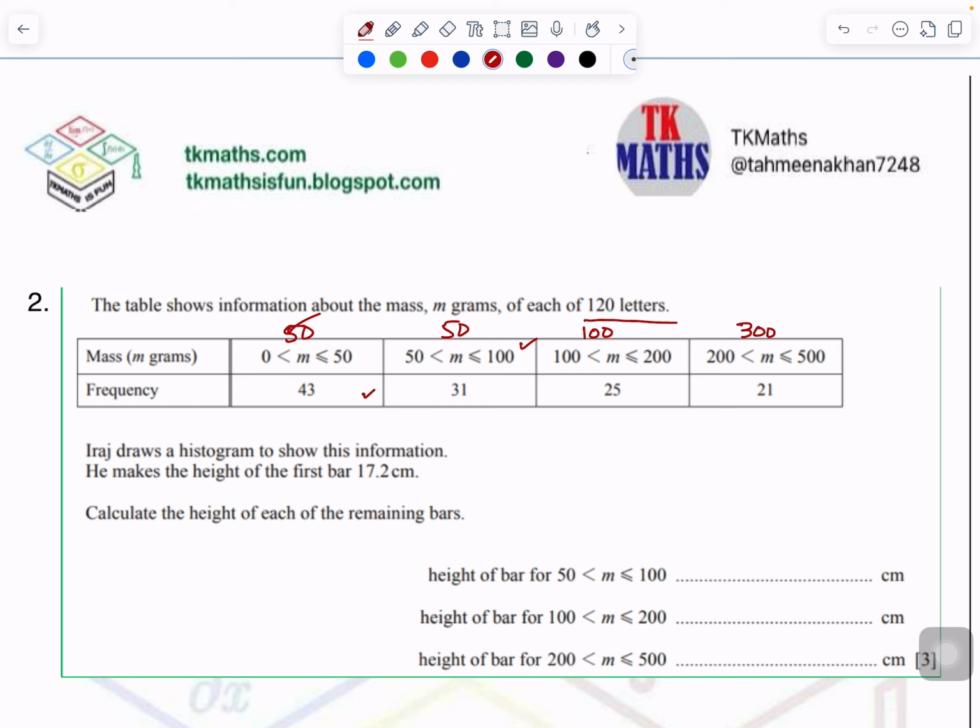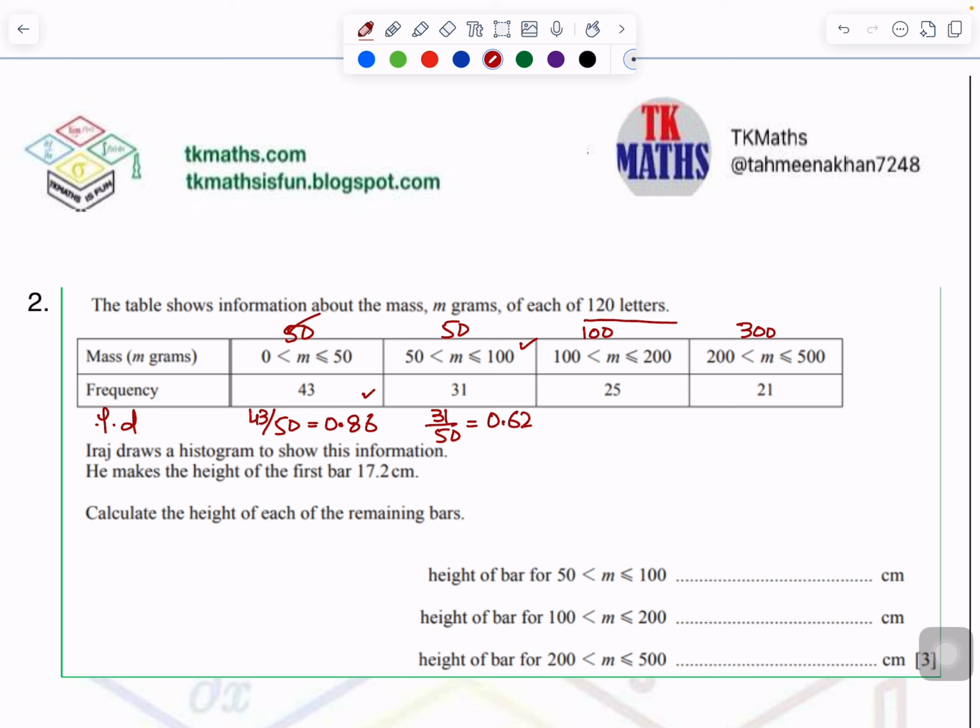That means the difference, right? Now if I have to find the frequency density for each column, what was the formula? Frequency divided by class width. So for the first one, it is 43 divided by 50. The answer is 0.86. In the second one, 31 divided by 50, so your answer is 0.62.